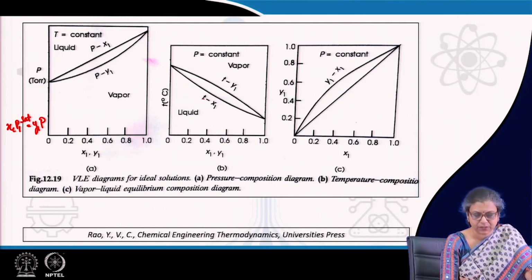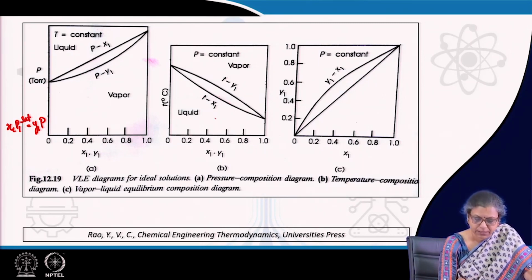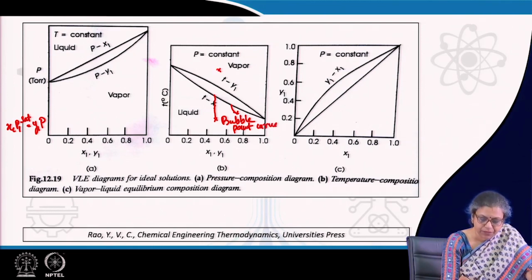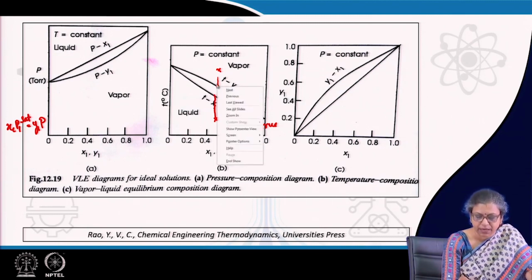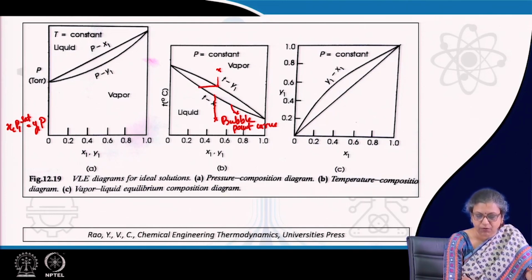The corresponding Txy diagram can be developed from here. Suppose we start with a liquid here and start heating it, then the first bubble appears here. This is known as the bubble point curve. In the same way, if we start from the vapor phase and start cooling it, the first dew appears here, and the composition in equilibrium with this corresponds to the horizontal line, which is the isobaric isothermal line.